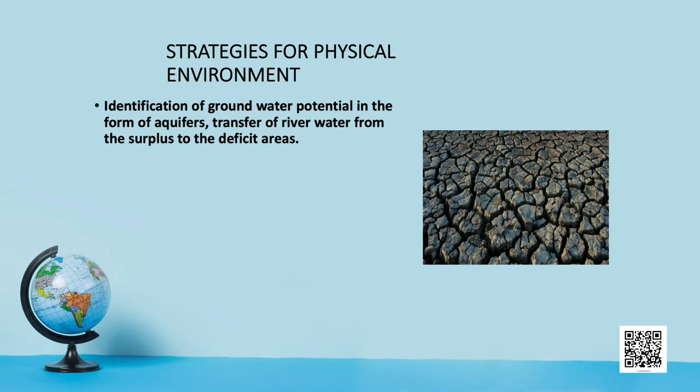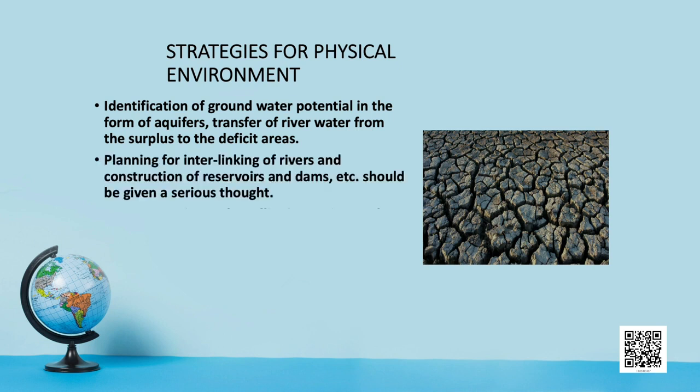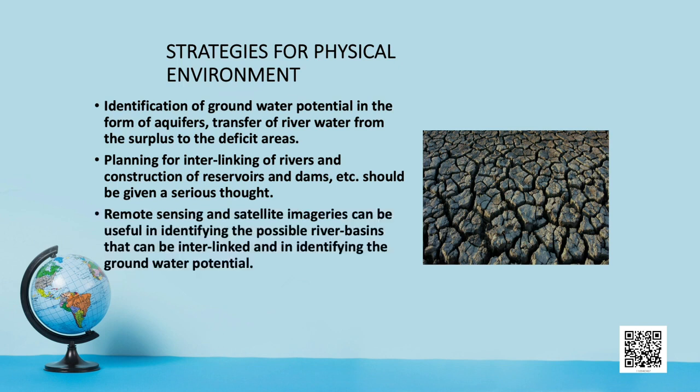Identification of groundwater potential in the form of aquifers, transfer of river water from the surplus to the deficit areas, planning of interlinking of rivers, remote sensing, satellite imageries, they can be used to identify the possible river basins that can be interlinked. Dissemination of knowledge about drought resistant crops, proper training to practice the same can be some long term measures that will be helpful in drought mitigation.